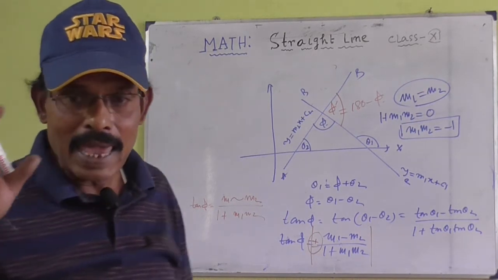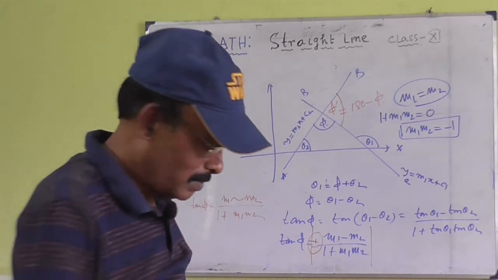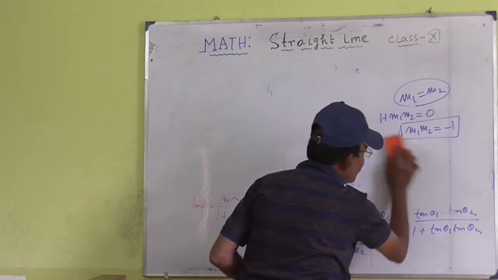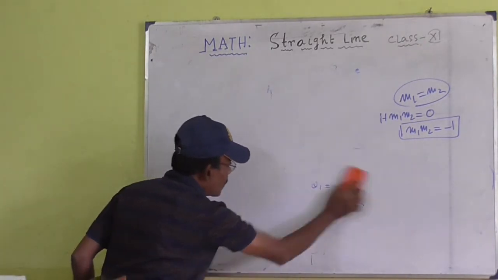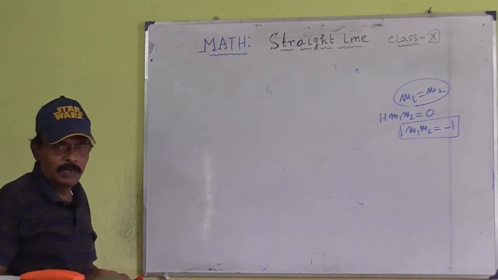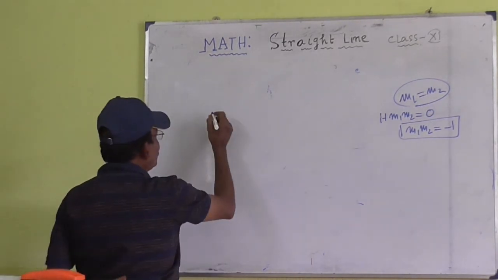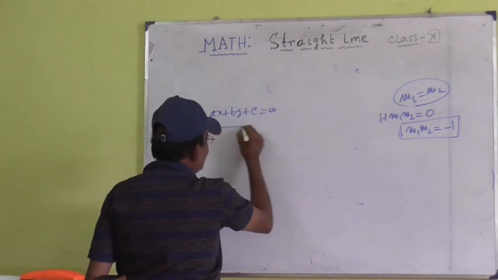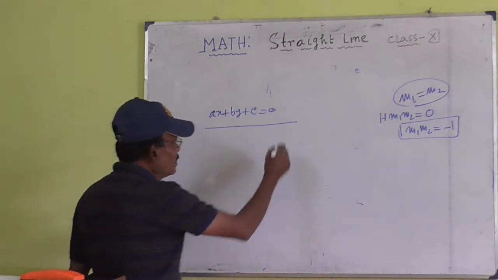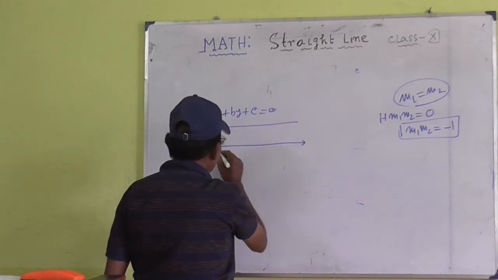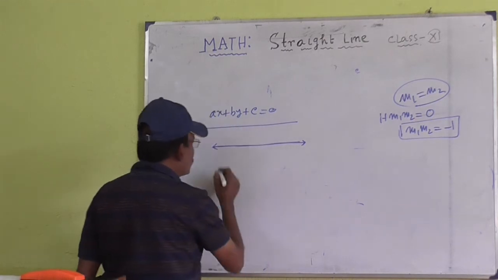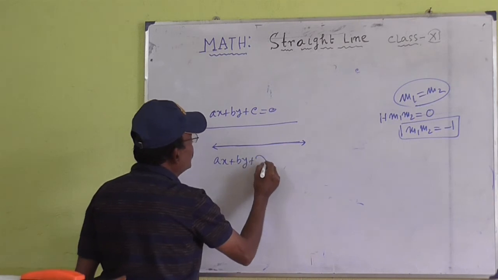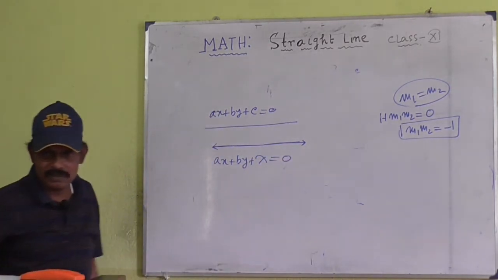But for another form of perpendicularity or parallelism, we must write it this way. Let us take ax plus by plus c equal to 0, this is a line, and a line parallel to this line has the equation ax plus by plus lambda equal to 0, where lambda is any constant.